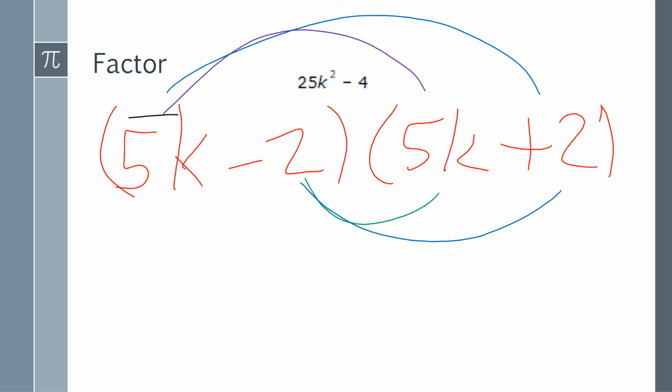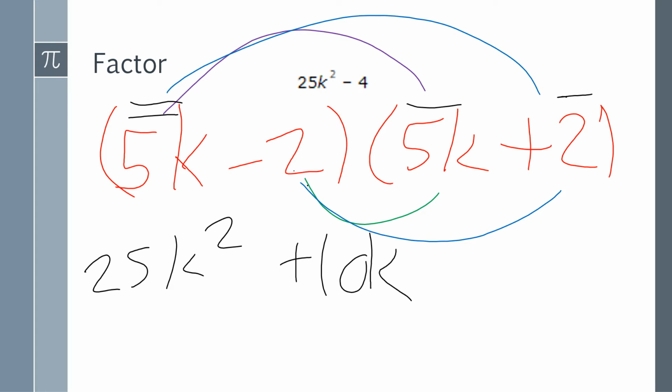5 times 5 is 25k squared. And what I'm doing now is just checking my work. All right? Just checking it. So 5k times 2 is 10k.